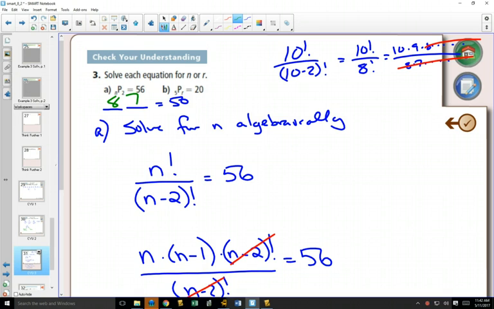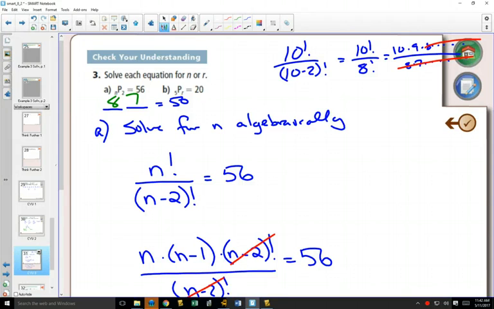But that wouldn't get you any marks in this question if it said solve for n algebraically. So some of them will be algebraic. And usually they'll do that with 2's, because if I had n minus 3 on the bottom, then I would get a cubic equation, and then you'd have to use your factor theorem and remainder theorem, and it would be a little bit less nice to be able to solve.